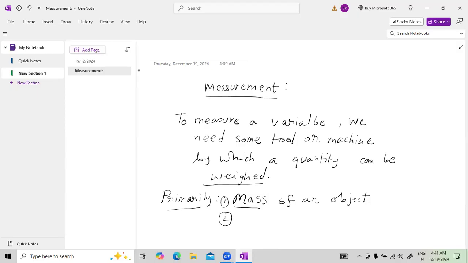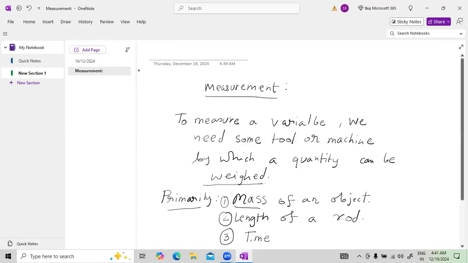Secondly, we can measure length of a rod. And lastly, time, that is the duration it takes for an event to happen.